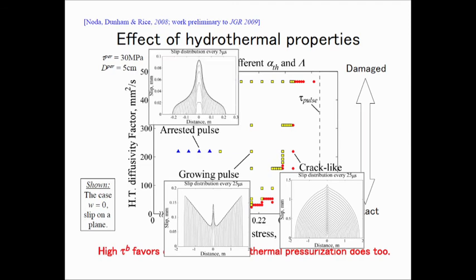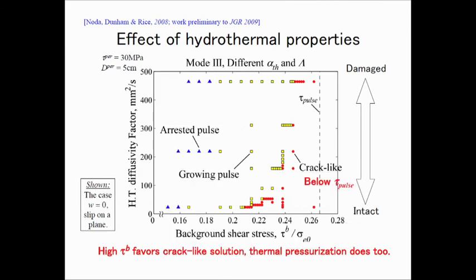And finally, if you go to lower stresses, you don't have enough oomph in the loading to make the rupture propagate, and you get something that quickly dies. So either of these, growing pulse or crack-like, are ruptures that could propagate indefinitely once nucleated, and the stress levels for that are, again, I emphasize, far, far lower than the static friction coefficient of the fault. So that emphasizes that range.